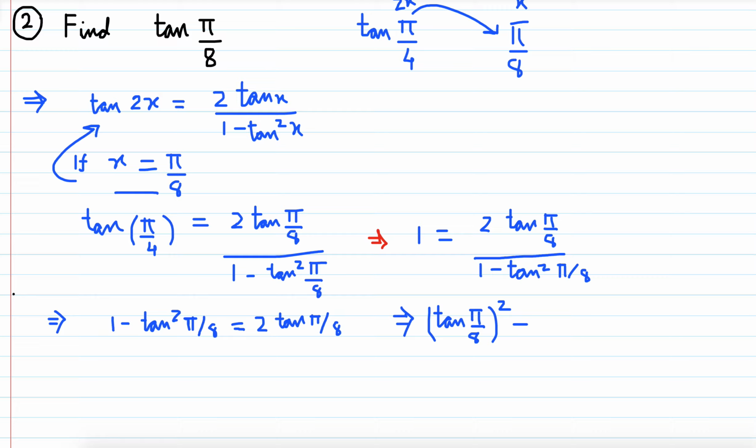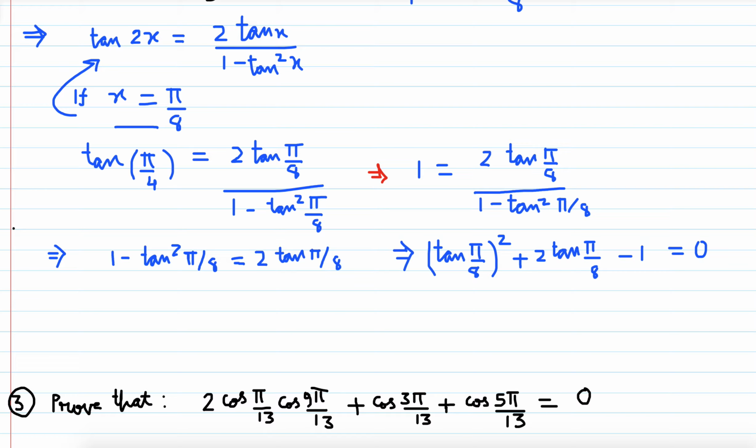So tan square pi by 8 plus, I'm writing it in proper quadratic equation form, and 1 will be negative. This is equal to 0. So now this is x square plus 2x minus 1 is equal to 0.